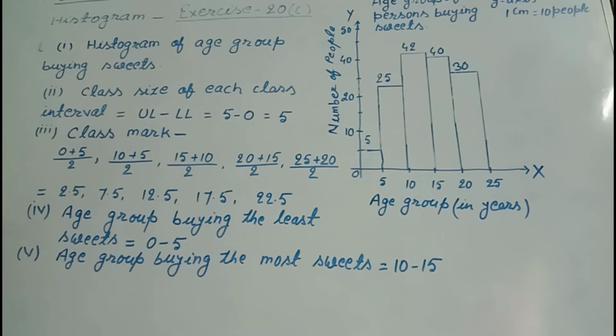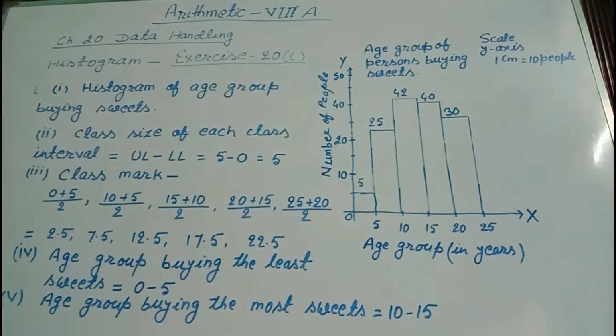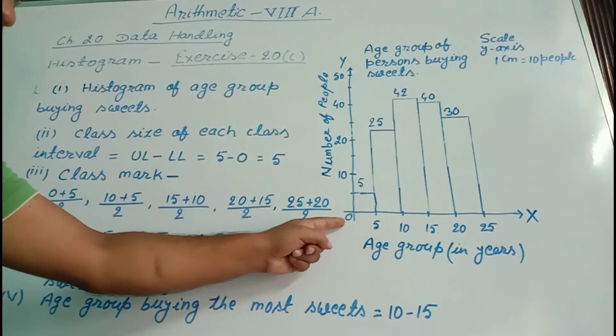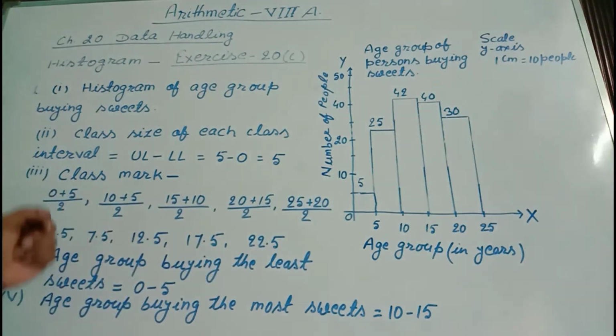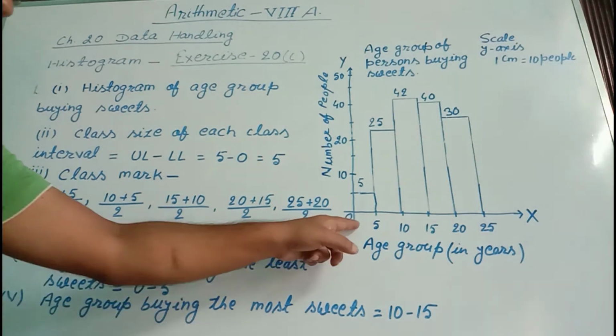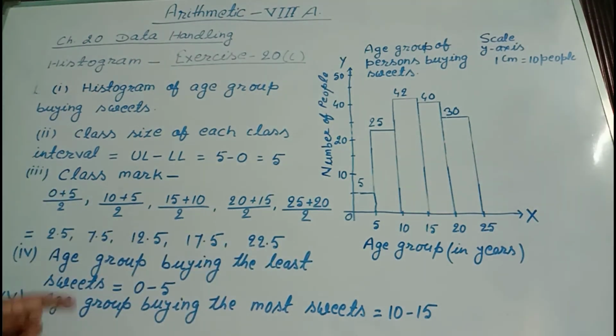Number 3, class mark of each class interval. The class mark equals upper limit plus lower limit by 2. So the class mark of the first class interval, 0 to 5, is 0 plus 5 by 2, that is 2.5.